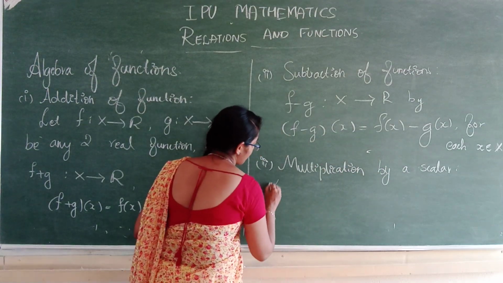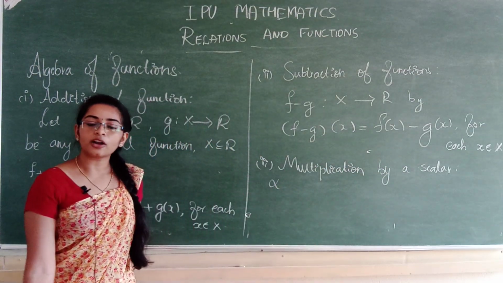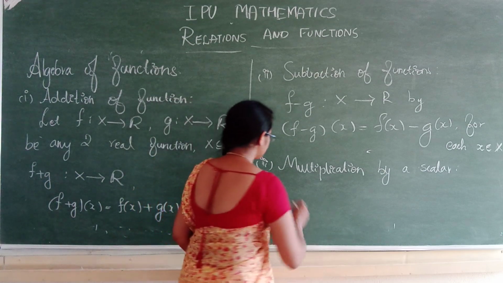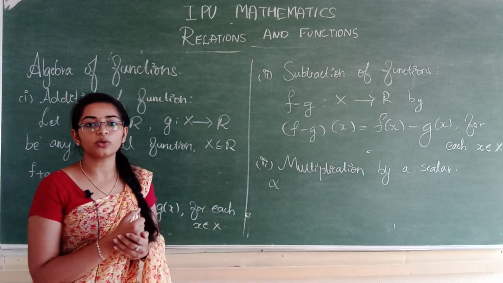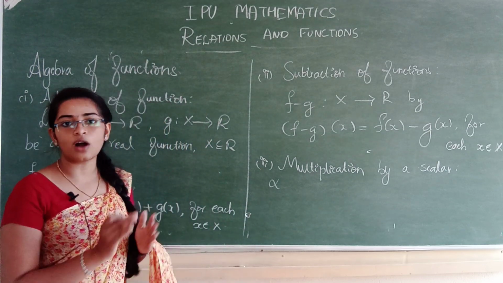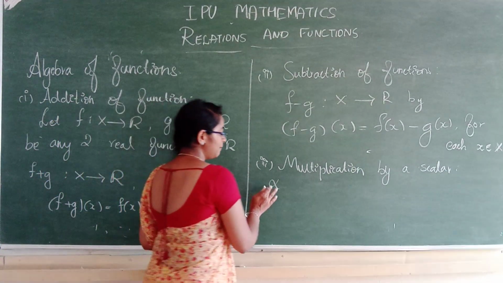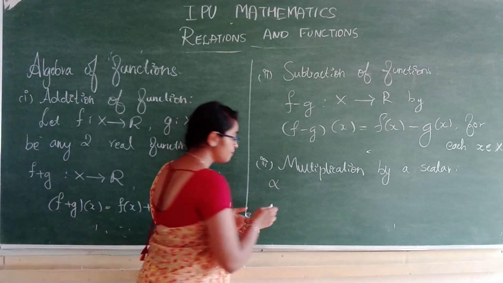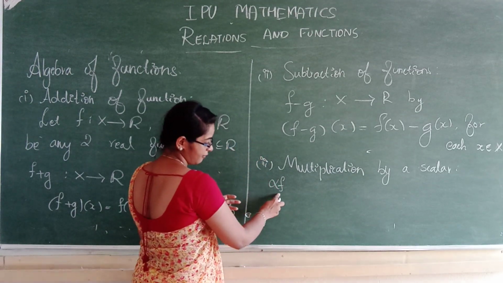See, if alpha is a scalar or real number, then we have multiplication by alpha to a function. If f is a function from X to R, then multiplication by a scalar alpha, we denote that as alpha f.